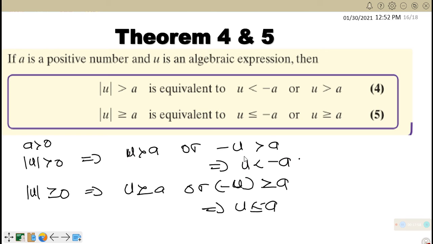So the sign changes, because when you divide both sides by minus, the sense of the inequality sign always changes, and that is how this one operates, and I believe it is clear. Okay. So let's see if we can have an example here.